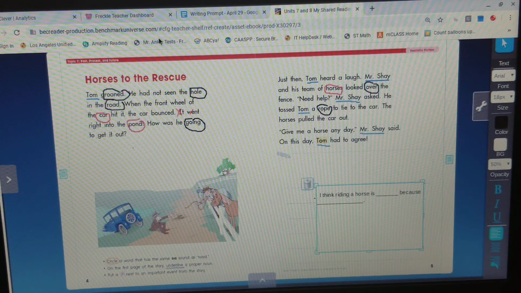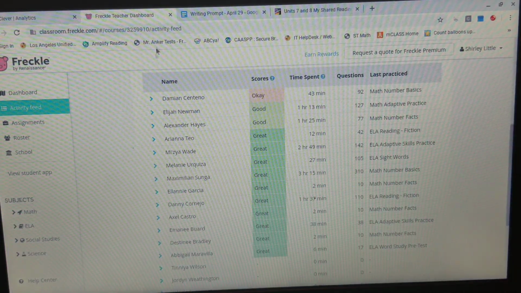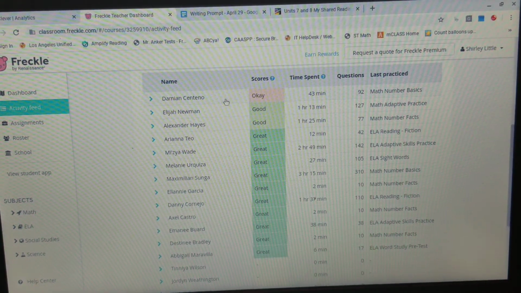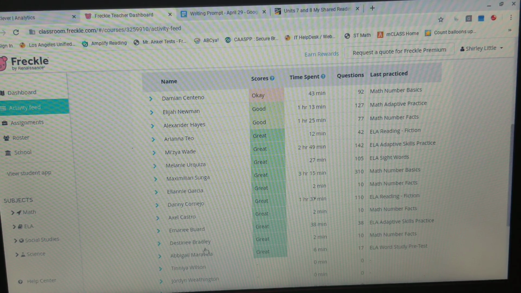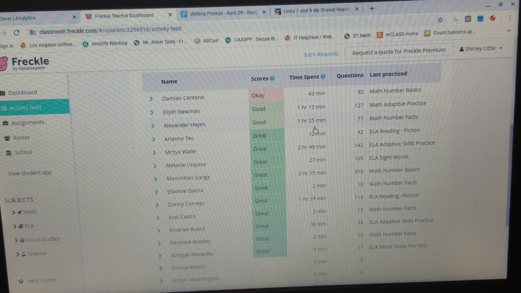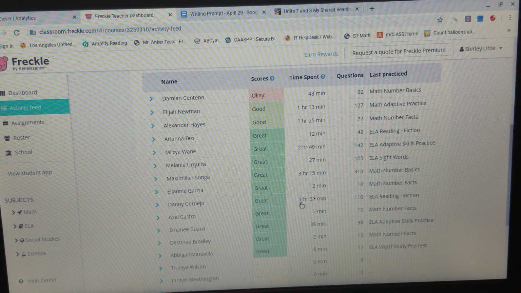And also, one last thing, boys and girls, I wanted to show you that on Freckle, I can check to see how many of you are working and how many minutes or hours you're putting in. Wow, we have people up to an hour and some minutes, 2 hours. Max is up to 3 hours on Freckle.